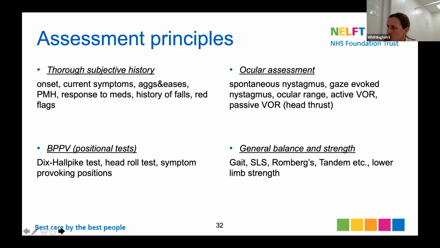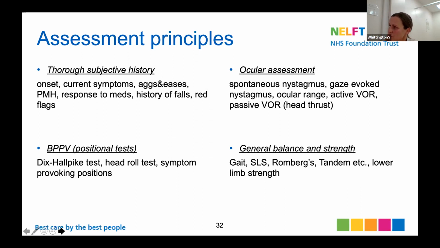Is there a spontaneous nystagmus? So are the eyeballs bouncing around without even applying any motion? If that's the case, that's not the vestibular system. That's something central and not for me to treat. Obviously, if you work in neuro, that's a different case, but the treatments we just discussed will not work for that.